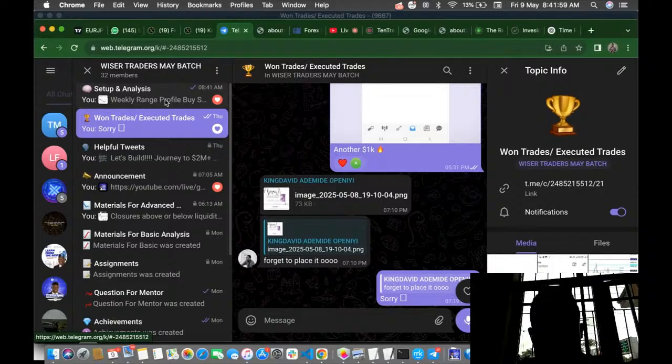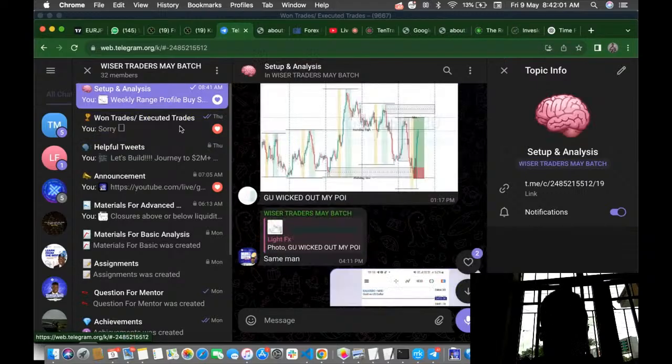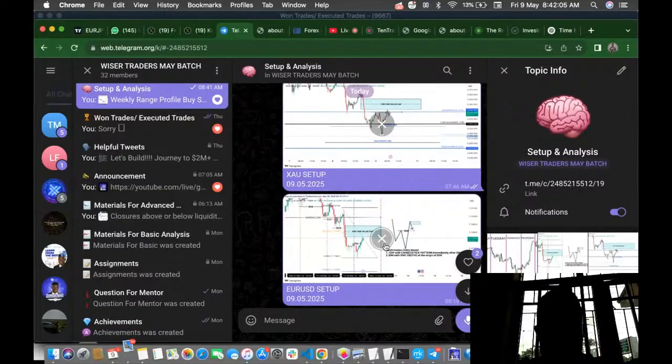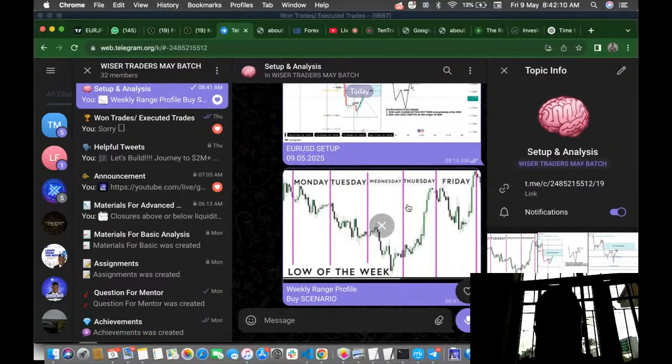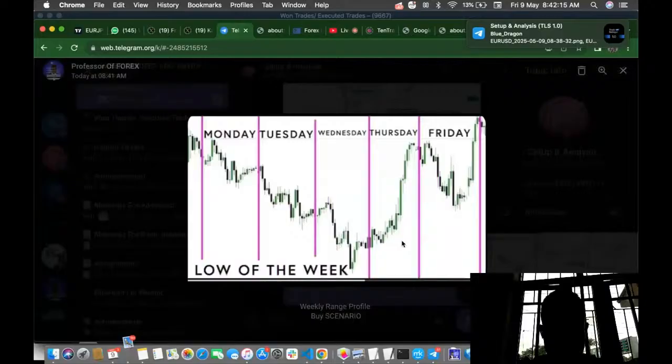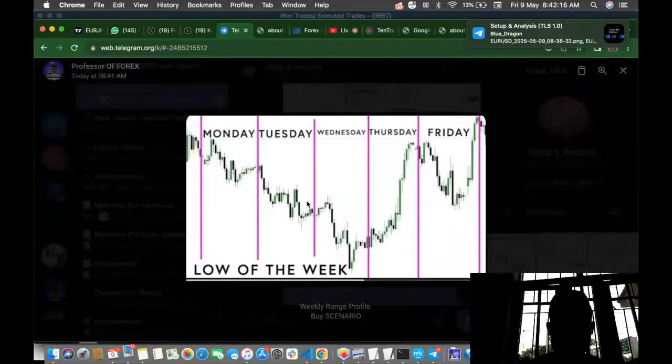So look at the weekly range profile for a buy scenario. See what happens. So for a buy scenario, Monday and Tuesday, if you look at this very well, we were selling. I think this is a perfect example of what is happening currently. Can you see my screen?